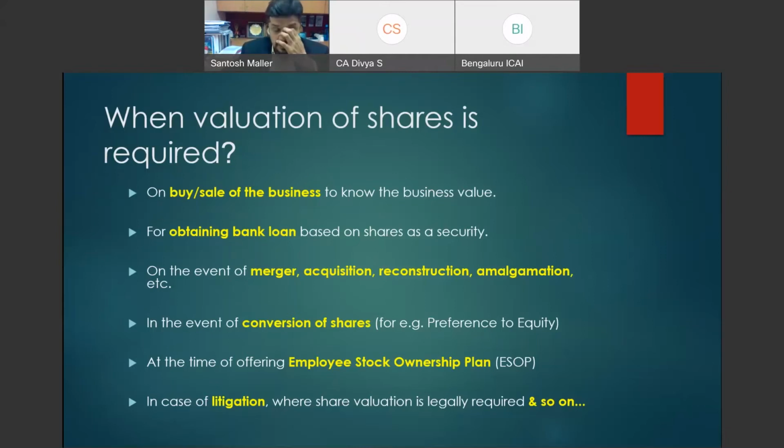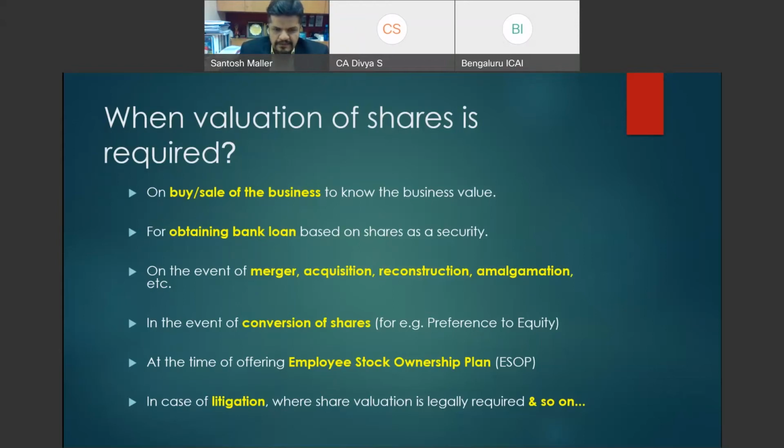So many a times also, many promoters of companies offer their shares as a pledge against the loans that they have raised, and therefore the valuation of those shares would be important from the perspective of the lender.